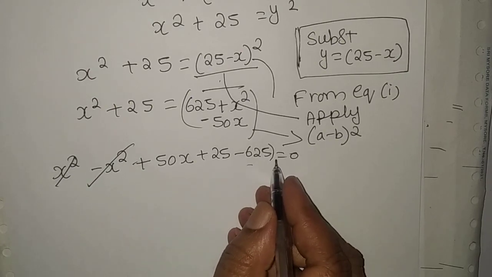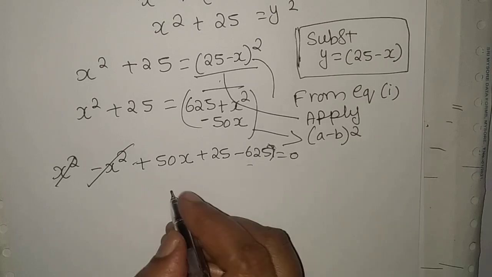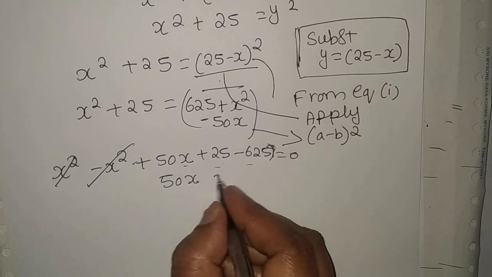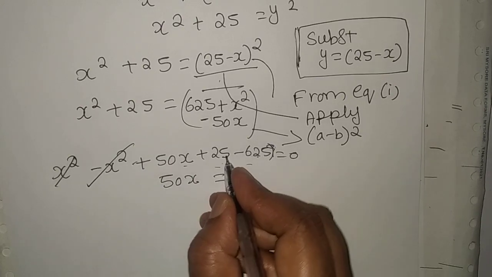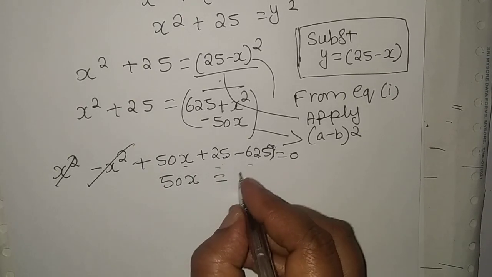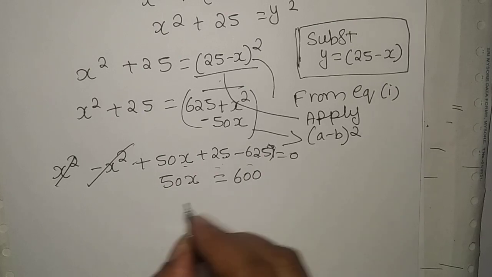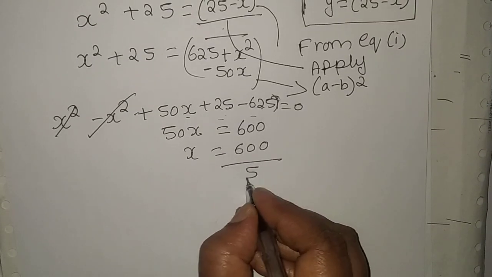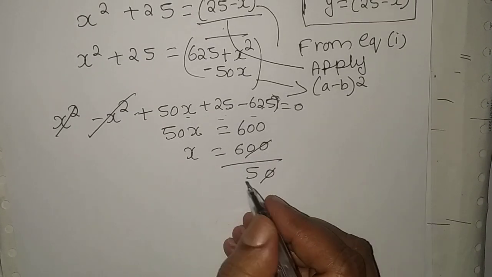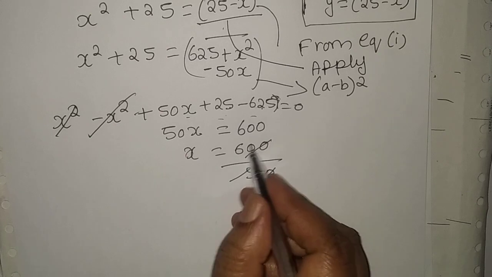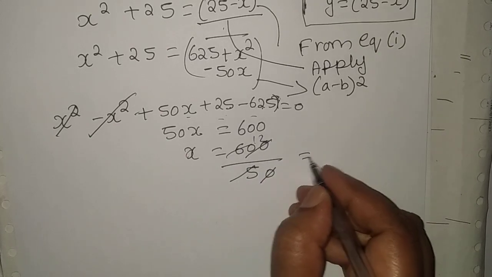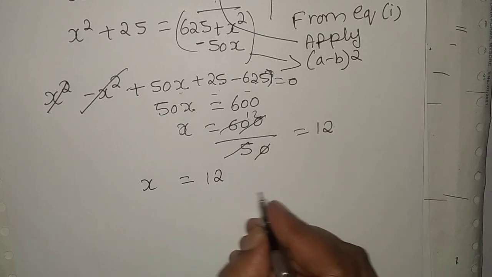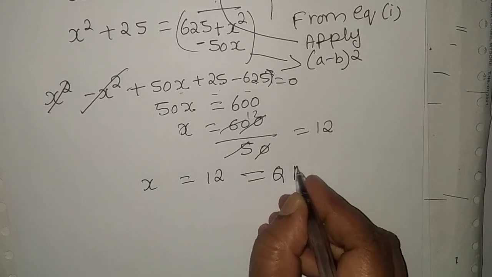Then what will we get? 50x is equal to 625 minus 25, 600 we will get. Therefore x is equal to 600 by 50. Cancel 1s, 5 12s are 60. So 12 we are getting. Therefore x is equal to 12, which is equal to QR. So this is the solution.